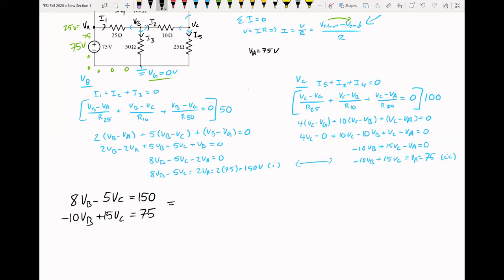So if we wanted to go and write these in matrix form, we can say 8, negative 5, minus 10, 15, times V of B, V of C, and then this will be 150 and then 75. All right.